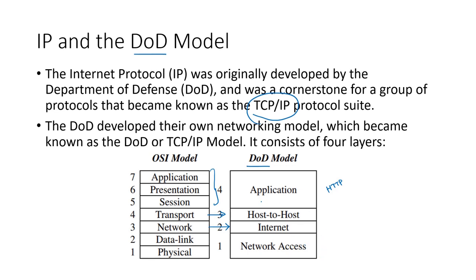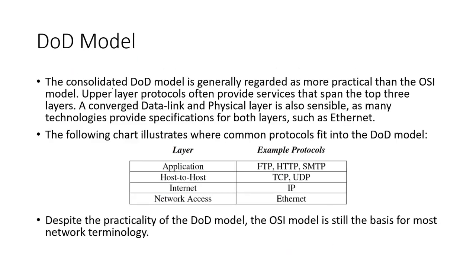So this will be very clear. HTTP will use TCP, this uses IP, and this uses Ethernet. Here you can see the consolidated model: whatever application layer protocol you use, FTP, HTTP, SMTP, or any other; in the host-to-host layer, the transport layer, you use TCP or UDP; in the network layer, which is the internet layer, you use IP; and in the network access layer, you use Ethernet.